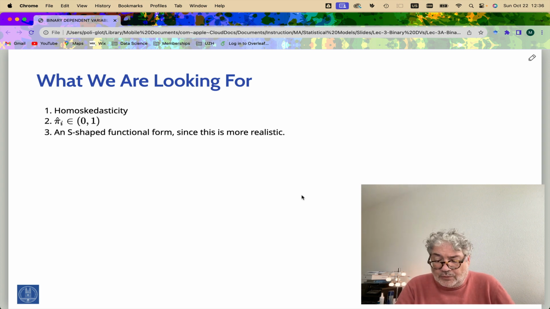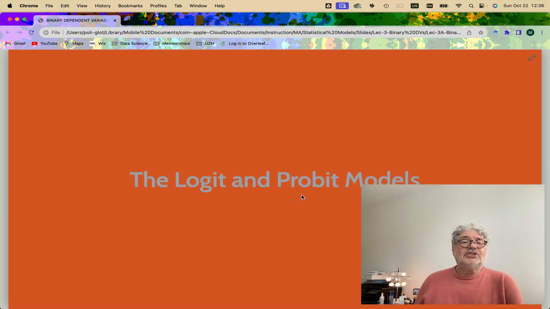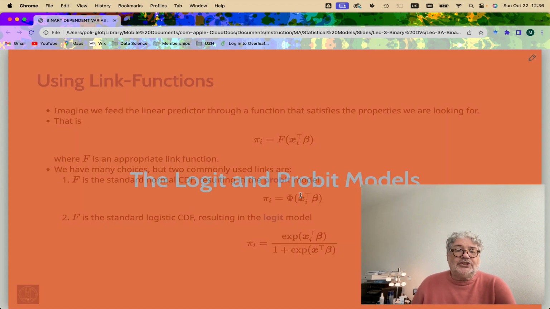But what we certainly are accomplishing is that we don't get negative predicted probabilities or predicted probabilities exceeding 1. And we're also getting rid of this problem of the constant effect of x, and we do that by using an S-shaped functional form. So that brings us to Logit and probit.